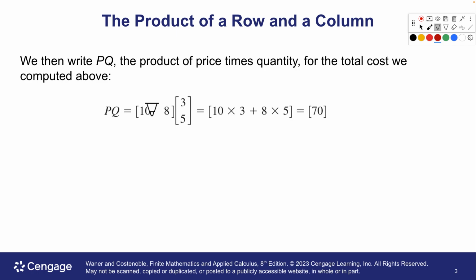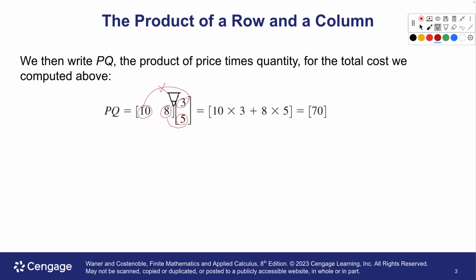we take the first item from the first row and we multiply it by the first row of the first column, right? And then we take the second column from the first row of the first one times the second row in the first column of the second one.